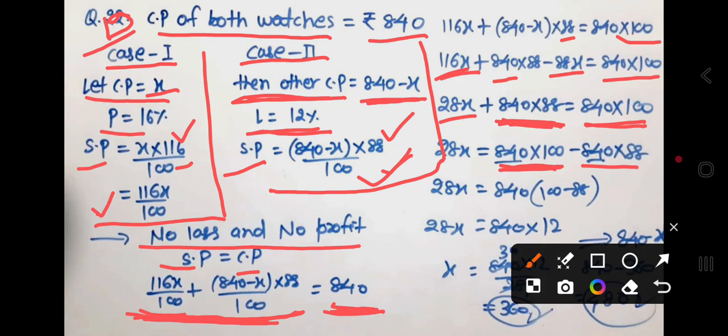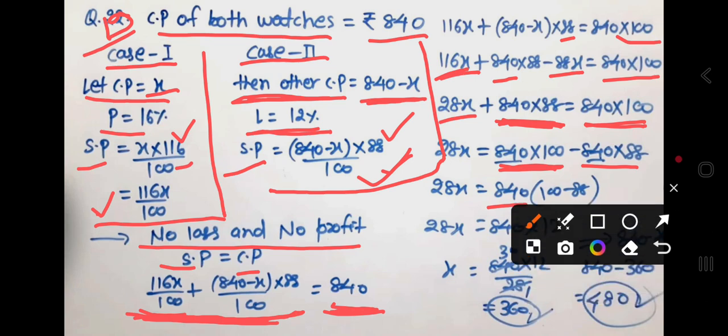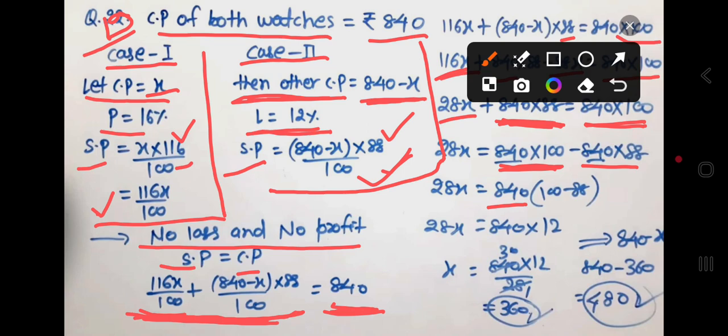Take the common 840, so it will be 840 into 100 minus 88. Okay, 840 is common in both, so we take it common. So now 28x is equal to 840 into 100 minus 88, which is 12.